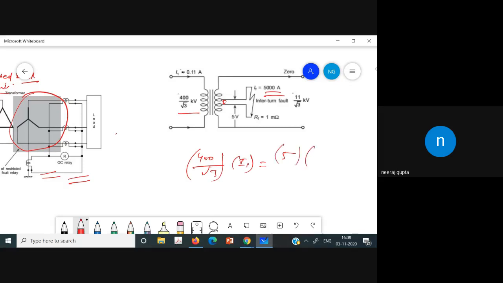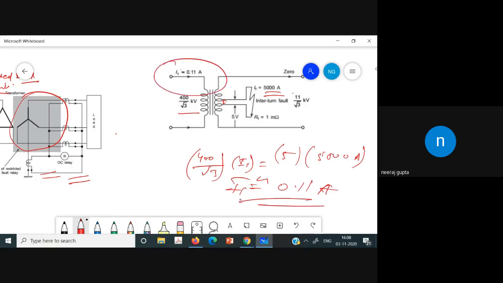So 5 into 5000 ampere. Finally, we get the current as approximately 0.11 ampere. That is, I1 equals 0.11.